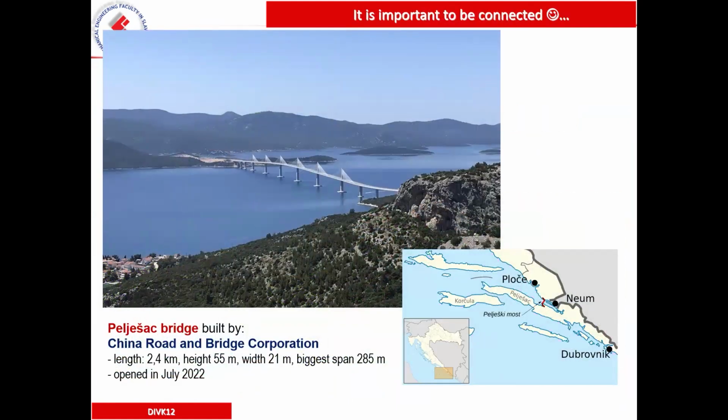And for the end, it is important to be connected. I think this is the last slide. It is a new bridge, built by a Chinese company, 2.4 kilometers. Why is it important? Because it finally connects 2 parts of Croatia. Before, you had to go through Bosnia and Herzegovina. It was not so easy because of the boomerang shape of Croatia.